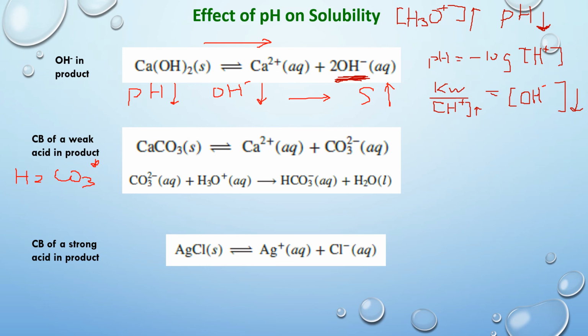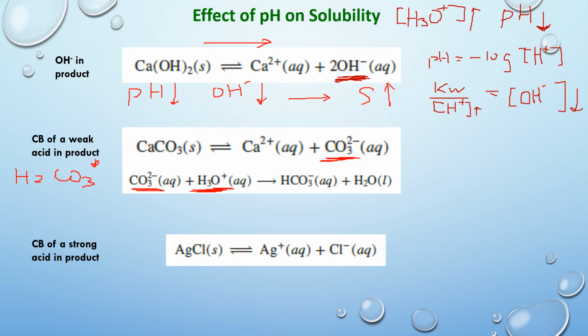A lot of times you see this star in the superscript, meaning that this compound is very unstable, or metastable. When calcium carbonate dissolves, it generates the carbonate ion. Because it's the conjugate base of a weak acid, it will react with the acid or proton added.